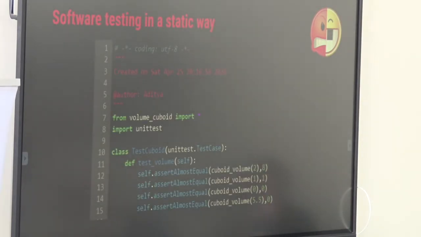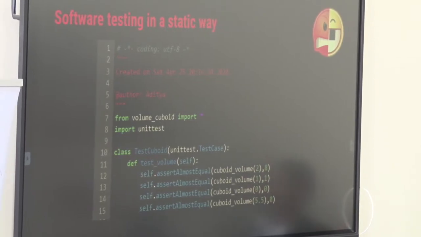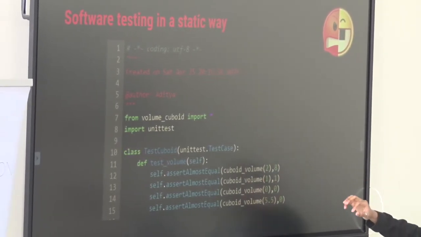So this is an example of a static way of testing code where we provide input values ourselves. If you've used Python, JavaScript, whichever languages, we have this assert almost equal, you can think assert equal, and what it does is compare.